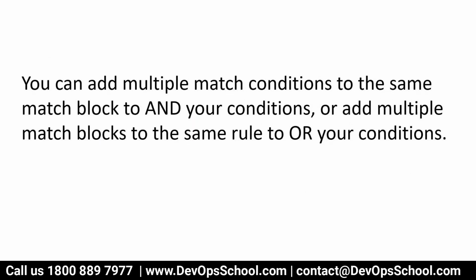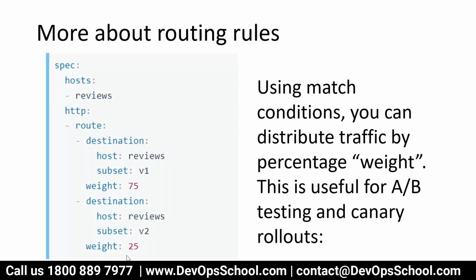By the way, you can add multiple match conditions to the same match block, and add multiple match blocks to the same rule. So multiple things can be done. Here, look at one more example; I'll show you the demo. What is the host name where the traffic should come? Reviews. From there, where should the traffic go?